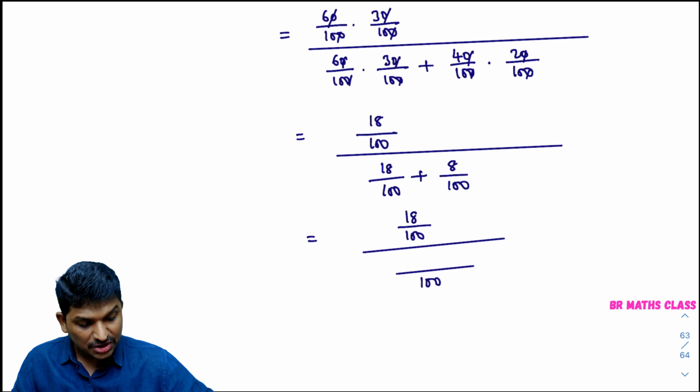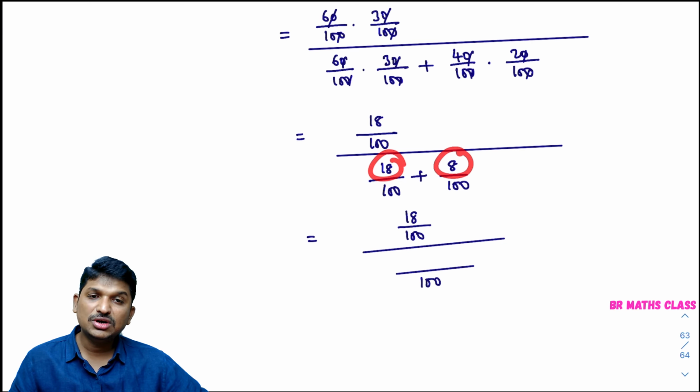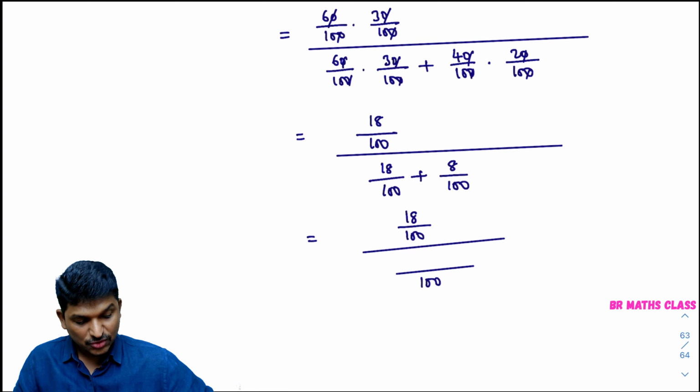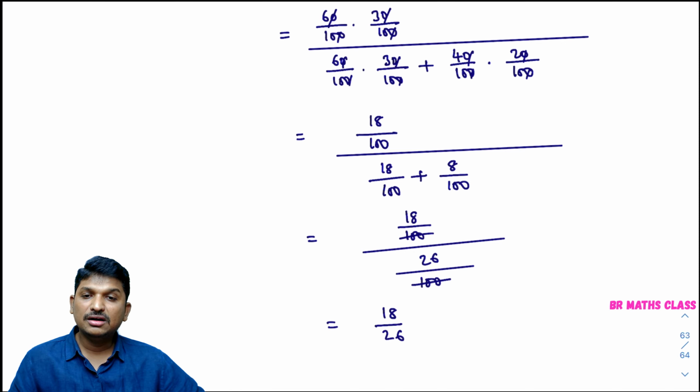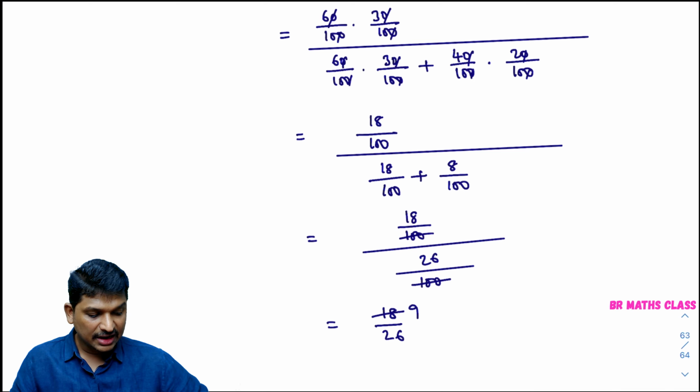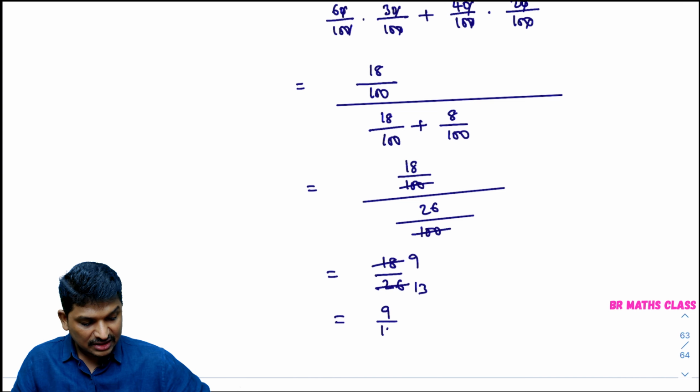What will you get in the numerator? 18 plus 8 is 26. This 100 will get cancelled. So what you will get here? 18 divided by 26. 2 table 9 times, 2 table 13 times. So what you got? This is 9 divided by 13.